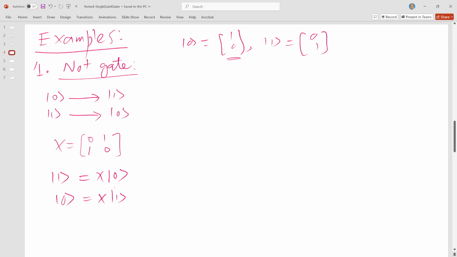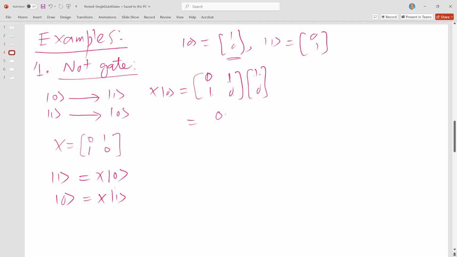We can easily check, for example, if I apply this matrix 0 1 1 0 on state 1 0, which is equivalent to X applying on 0. So I get 0 into 1 plus 1 into 0, and 1 into 1 plus 0 into 0.